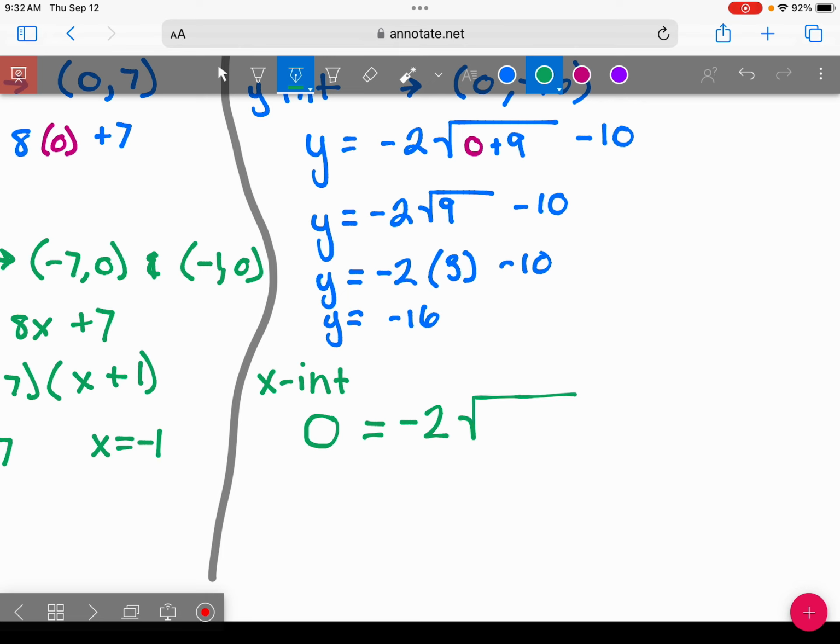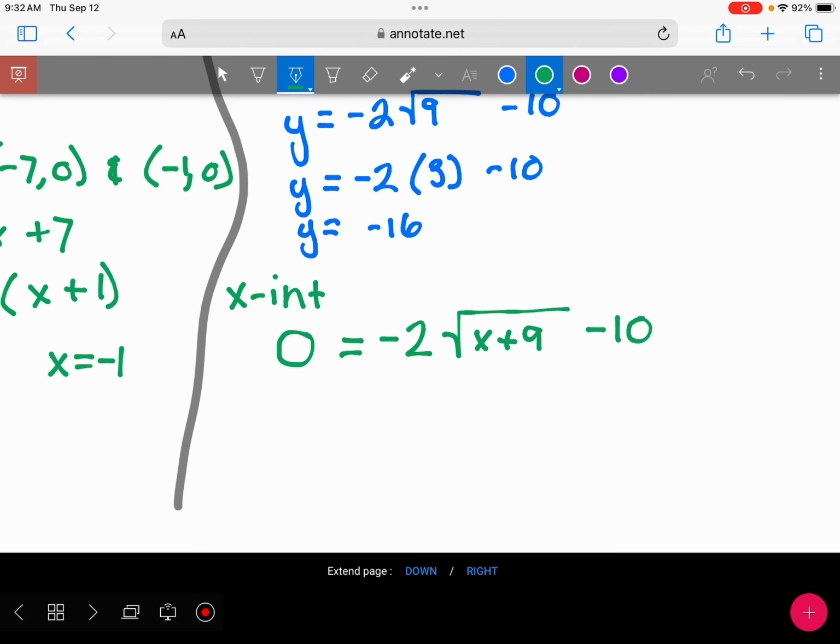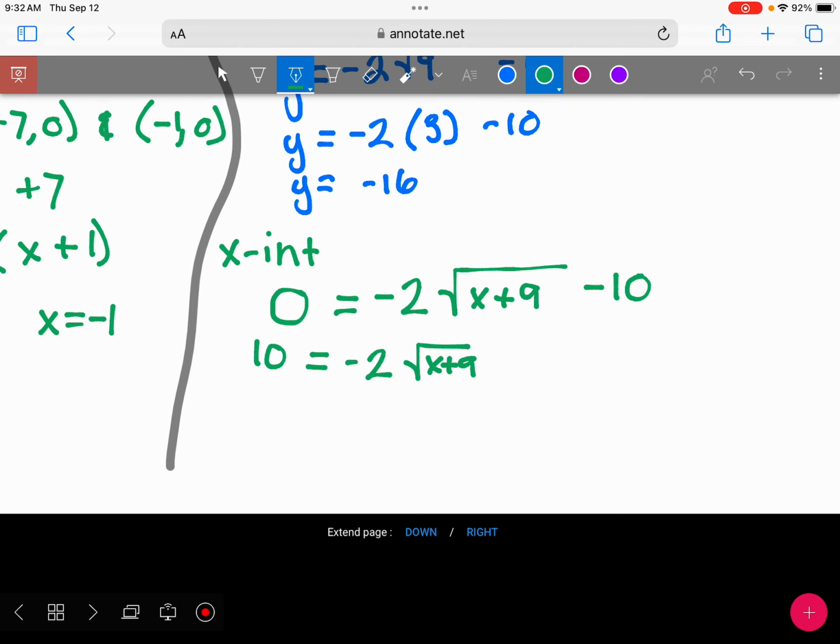0 equals -2 square root of x plus 9, minus 10. What are we going to do first? Add 10. Then what? Divide by -2. So I have -5 equals our square root of x plus 9.